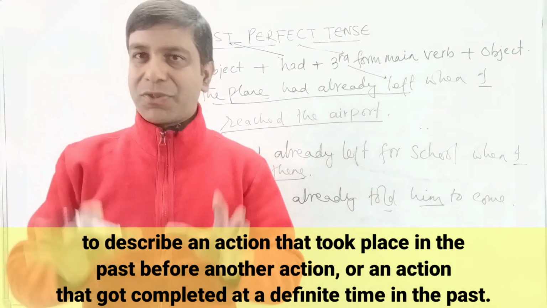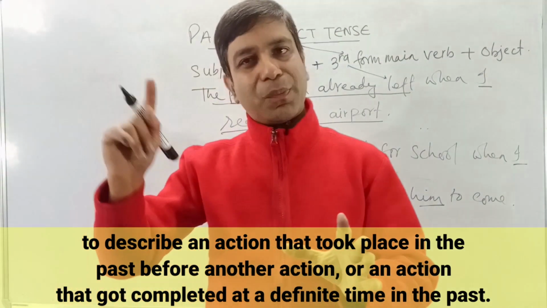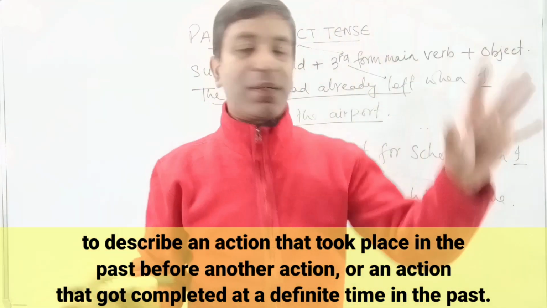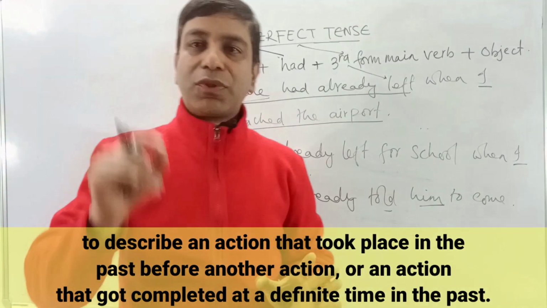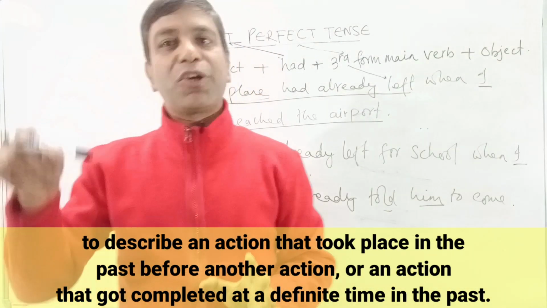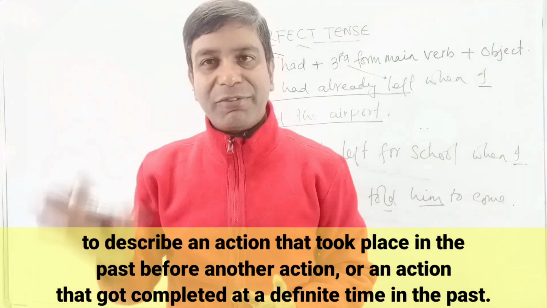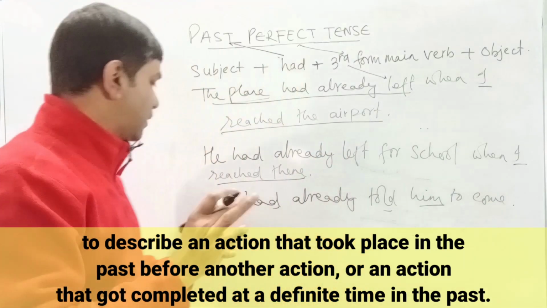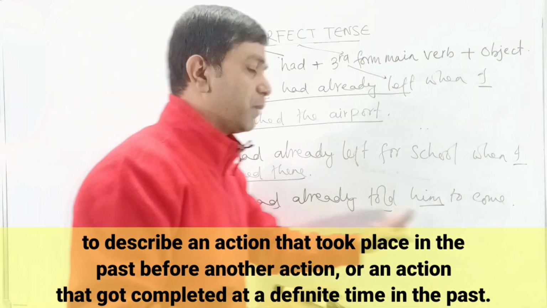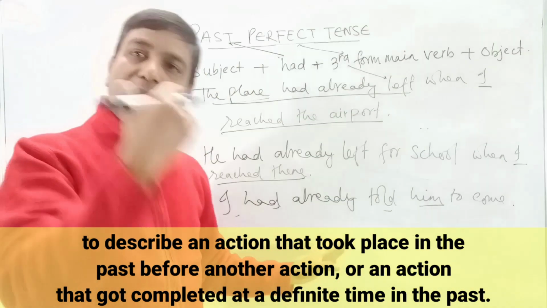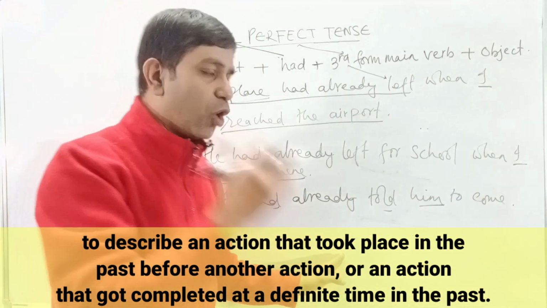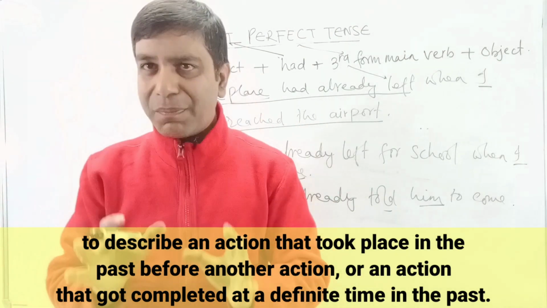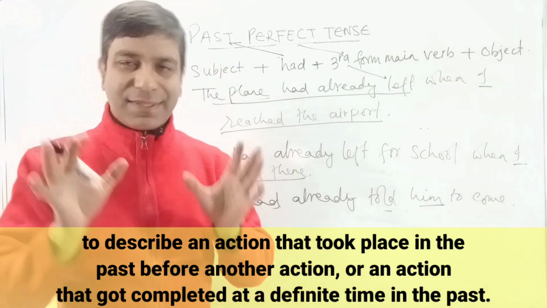So we use it to talk about an action that took place in the past before another action, like these two examples, and to talk about an action that got completed at a definite time in the past, like this example. I had already told him to come. This took place in the past and has got completed. This is all about past perfect tense.